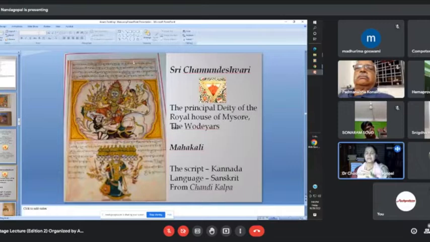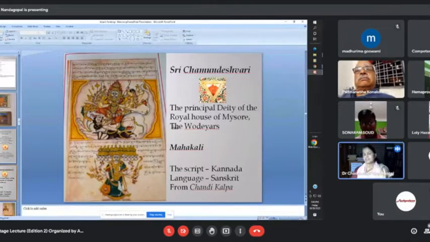So these are the inner pages. You can see the text in Kannada script, but the language is Sanskrit. A Sanskrit text has been illustrated here. Look at the way the paintings are so fresh even today. If you see these paintings, you feel that they must have been painted just yesterday. Such good color, no mixing, the treatment is so good, and art historically this is one of the best paintings for study.